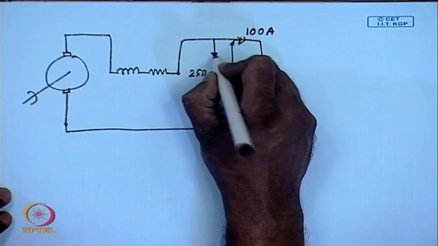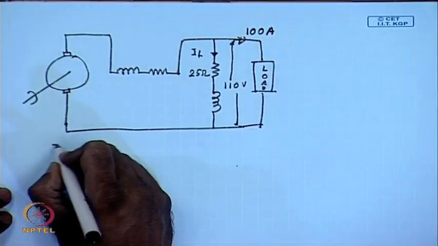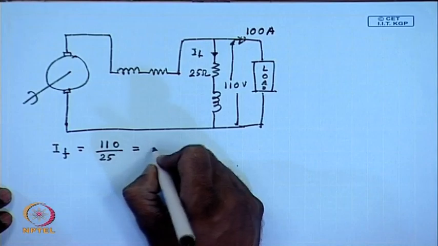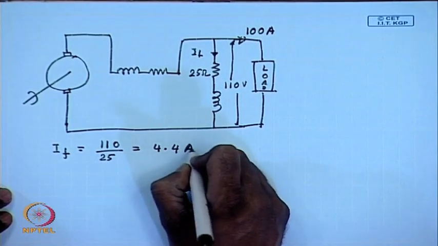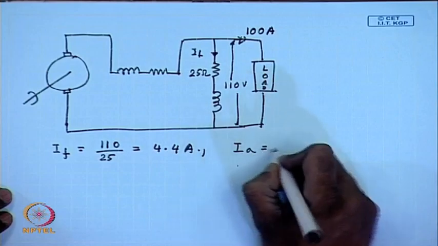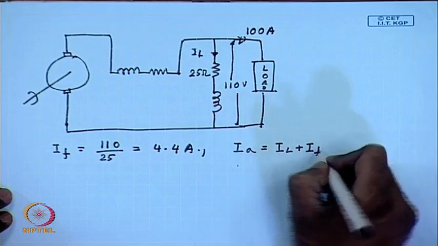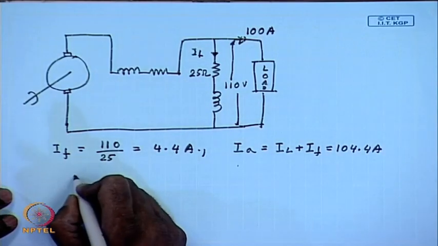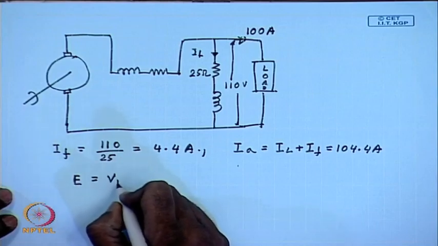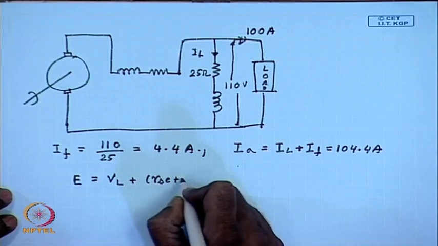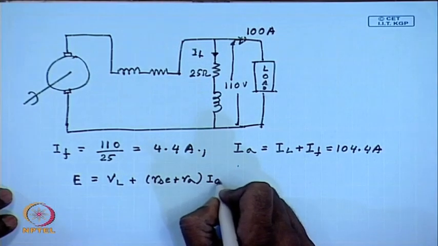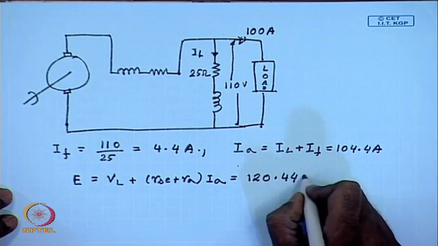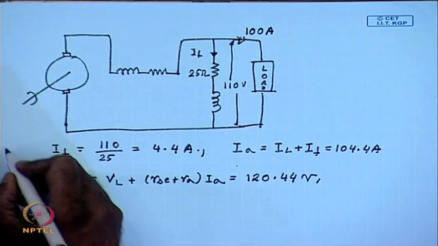So, IF equal to 110 by 25 equal to 4.4 ampere, IA equal to IL plus IF equal to 104.4 amperes, E equal to VL plus (RAC plus RA) into IA equal to 120.44 volt. This is for long shunt.